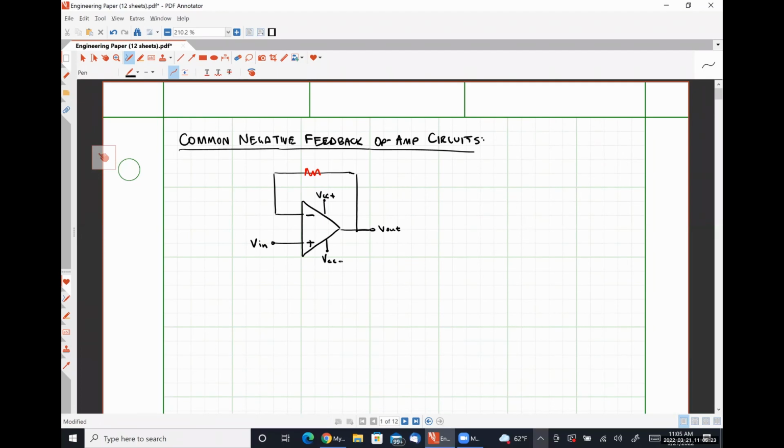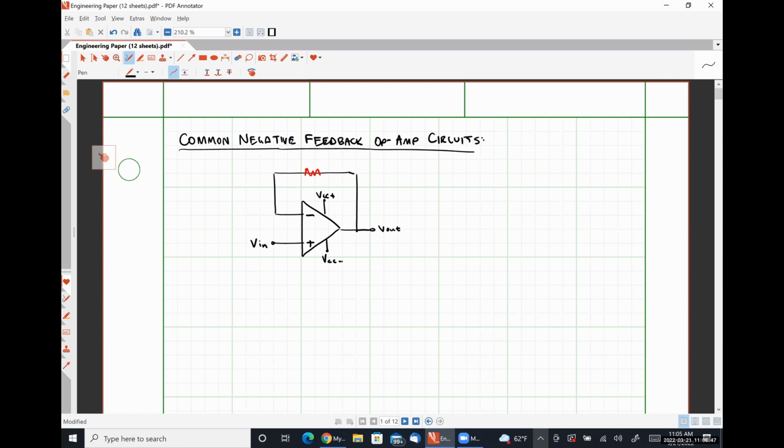We are next going to apply our ideal op-amp rule that says that no voltage drop can occur across my input terminals. We will then apply Kirchhoff's current law at our inverting input terminal node, and then use that relationship to determine what our output voltage Vout is.